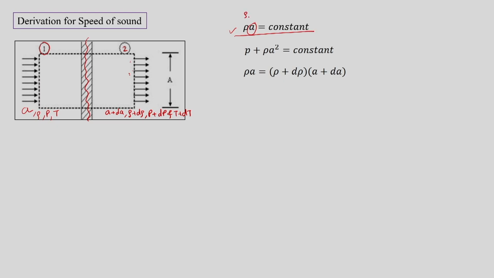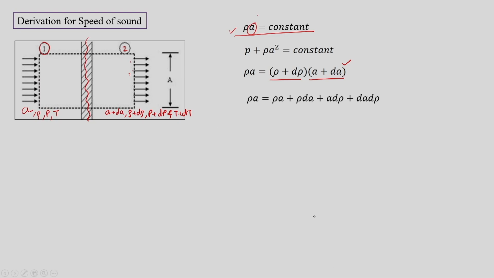Then using these conditions we can put it in the mass conservation equation. Practically we mean over here that rho A at the inlet is equal to rho A at the outlet, but rho A at the outlet is rho plus d rho and A plus dA. So, the mass conservation equation is represented as rho A is equal to rho plus d rho into A plus dA.